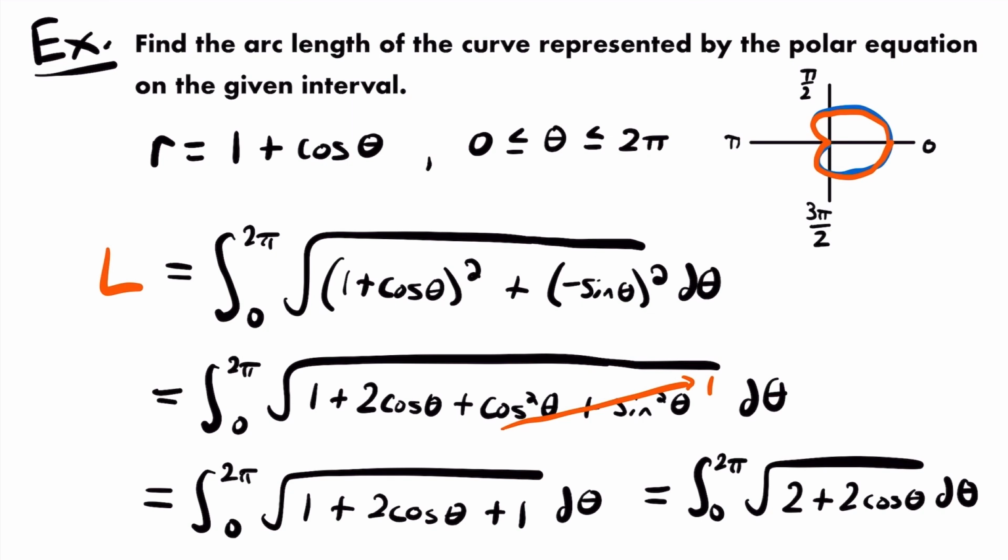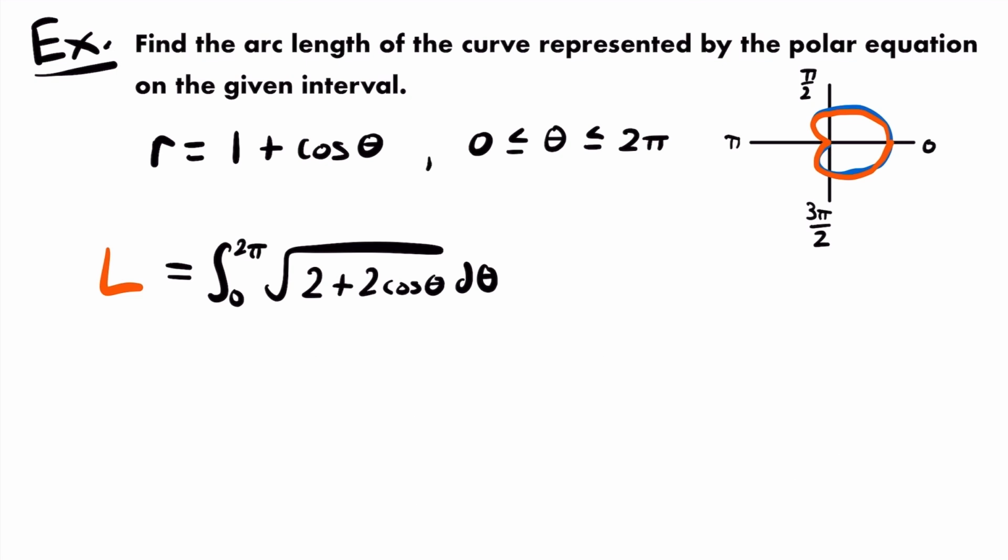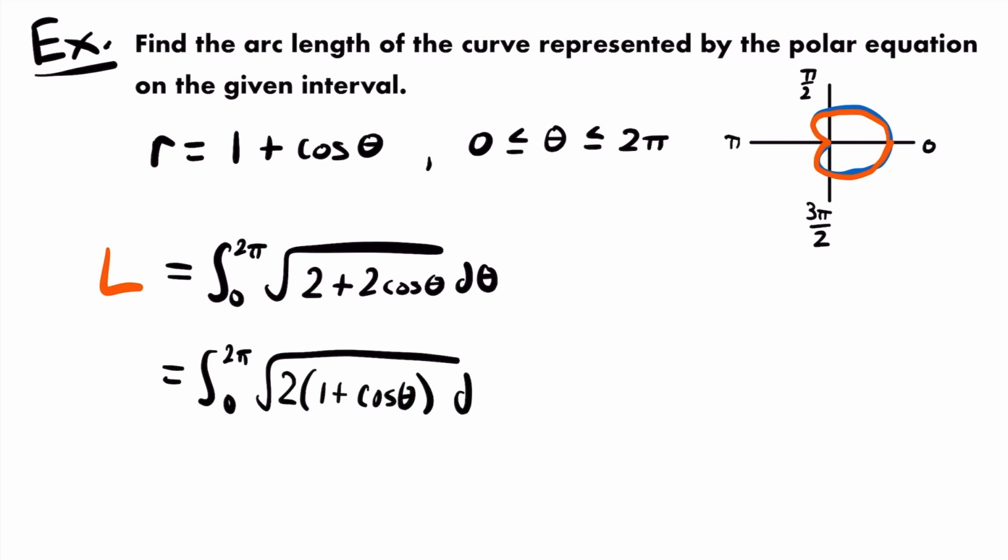All right, and so now let's see if we can simplify this integral any further. One thing that I see that we can do is pull out a common factor of 2 from both of these terms. And so if we do that, this will be equal to the integral from 0 to 2 pi of the square root of 2 times 1 plus cosine theta d theta.